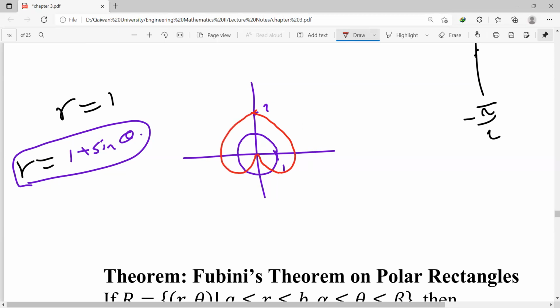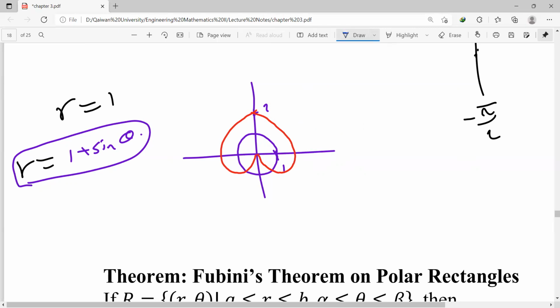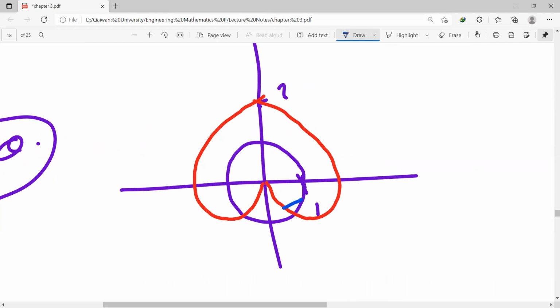What's the region which is bounded by these two graphs? This is the region. As you see here, the region which is bounded by these two graphs is this one. And theta is going from here to here, from minus pi over 2 to itself, it's 2 pi.